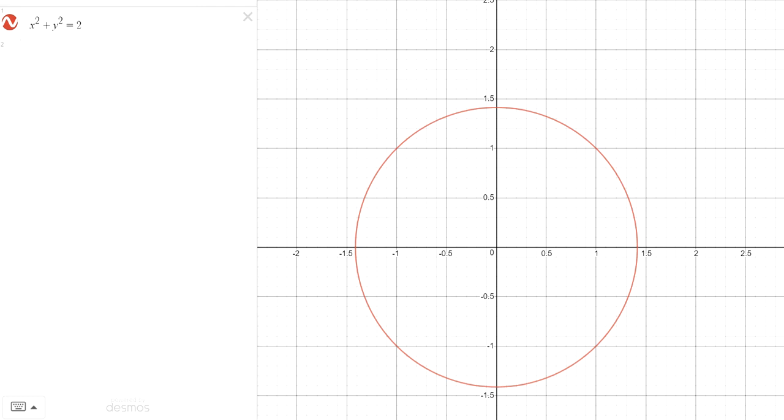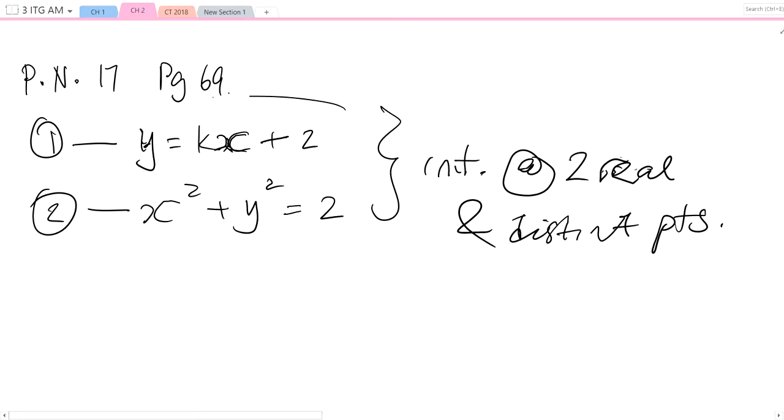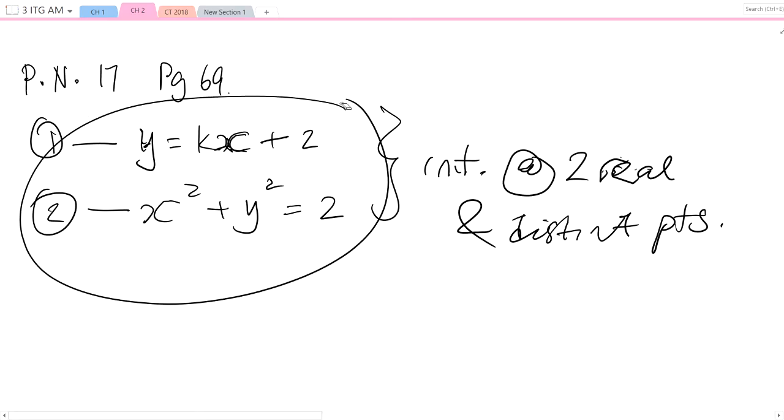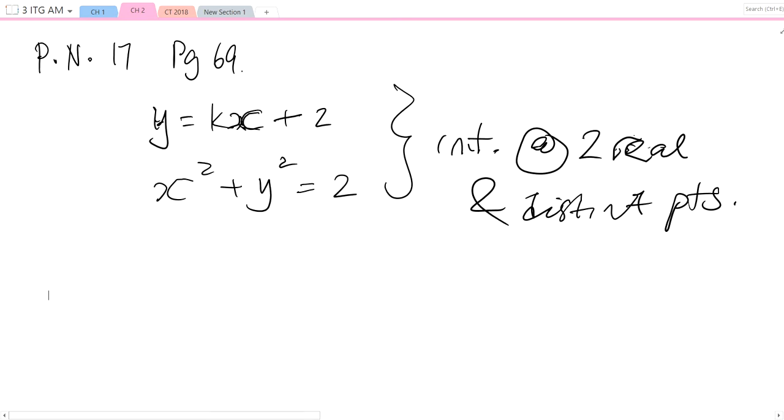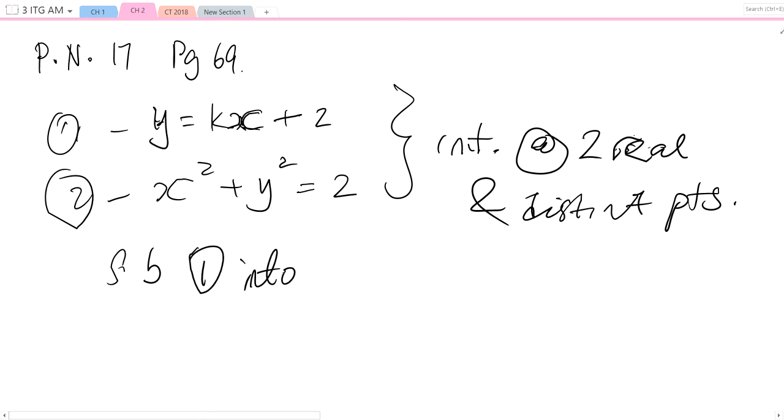Now if I try to solve this pair of simultaneous equations using substitution that we have learned, sub equation 1 into equation number 2, what do you think we'll end up with? Let's try that. Sub 1 into 2.